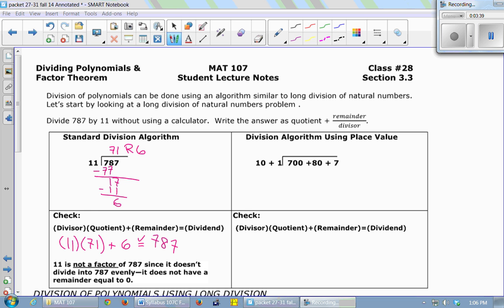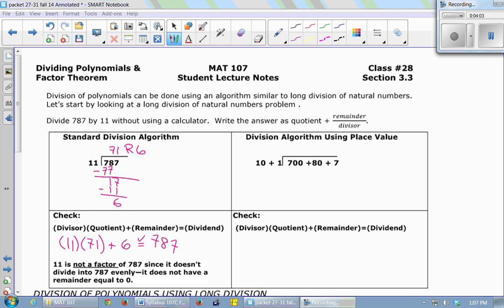Okay, so using place value. I rewrote 11 as a 10 plus 1, and I rewrote 787 as 700 plus 80 plus 7. Broke it out by place value. All right, so now the first thing I'm going to ask myself here, I'm going to look at the tens place and do tens into the hundreds. Okay?